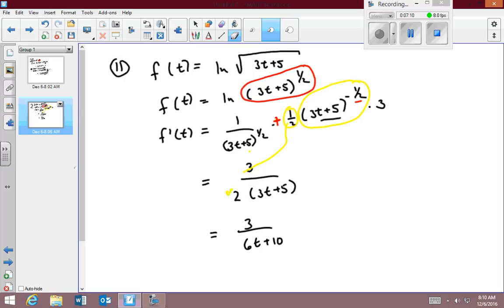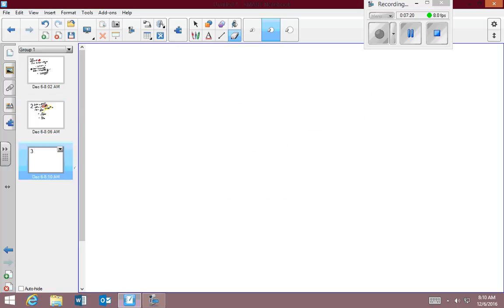Anything else? All right. So what we're doing now is, rather than logarithms, we're differentiating an exponential. So with this one, let's start out.